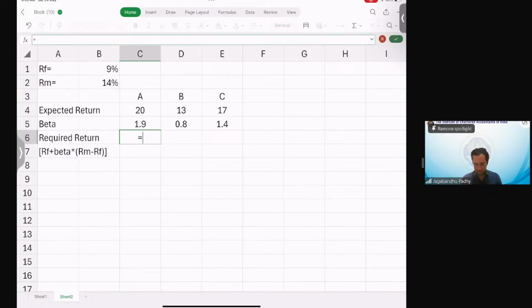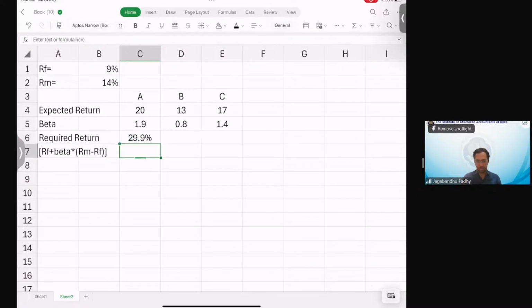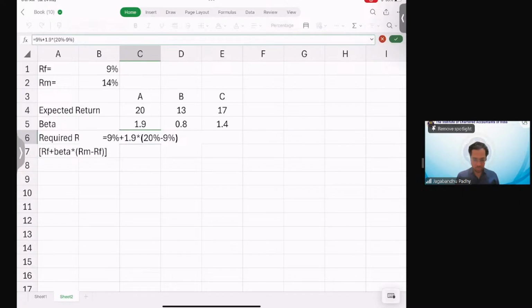So we have 9% plus beta of 1.9 multiplied by RM minus RF. Sir, 20 or 14?